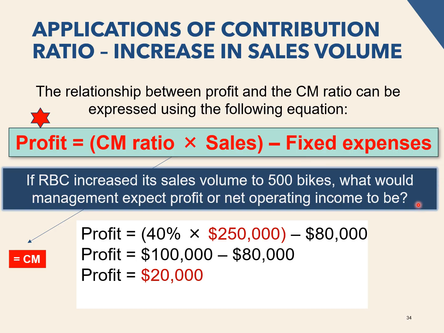So if Racing Bicycle Company increased its sales volume to 500 bikes, what would management expect profit or net operating income to be? You can take a 40% contribution margin ratio times $250,000, that is the total sales, minus fixed expenses, which is $80,000. You will get the answer, which is $20,000.